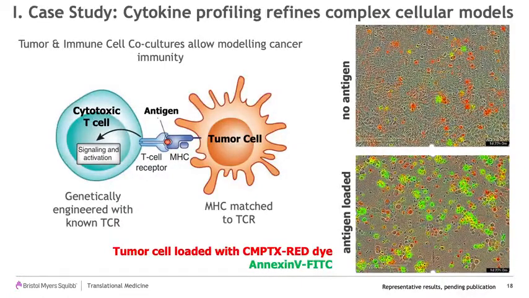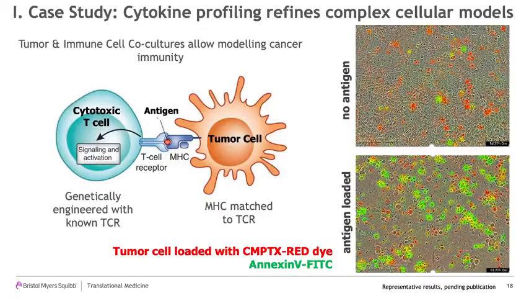We can measure tumor cell killing as shown in the pictures on the right. In the absence of antigen recognition, the tumor cells in red will keep growing. In the presence of the antigen, the T cell activates and lyses the tumor cells, as shown by the reduction of the red signal and the increase of the green annexin 5 positive clusters of dead tumor cells and T cells.